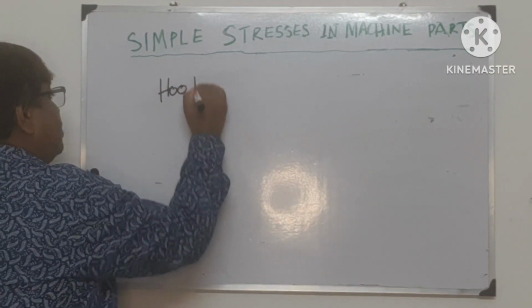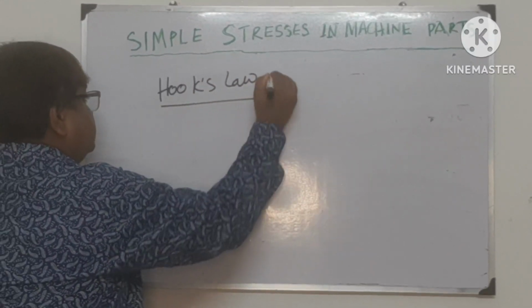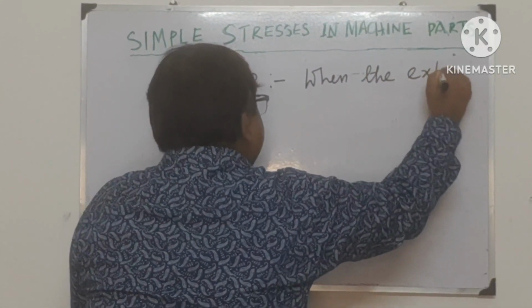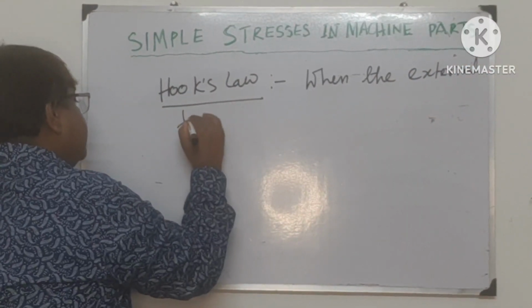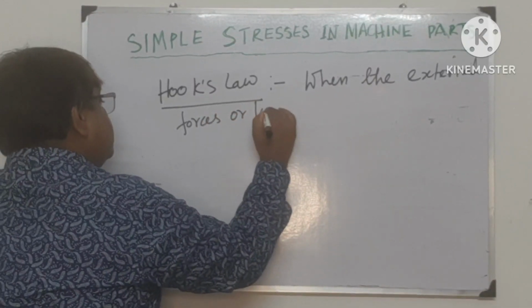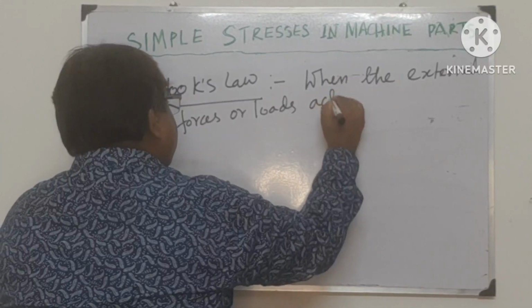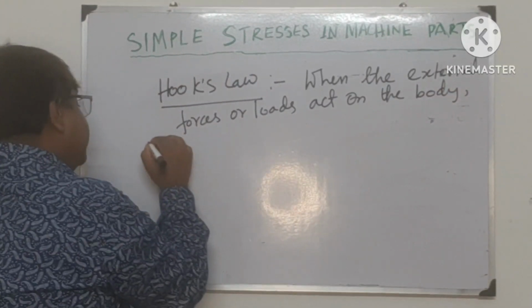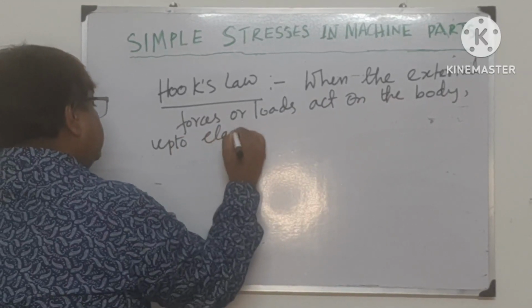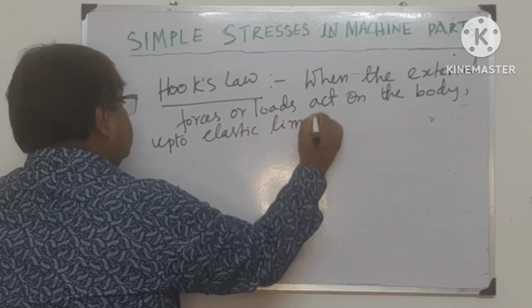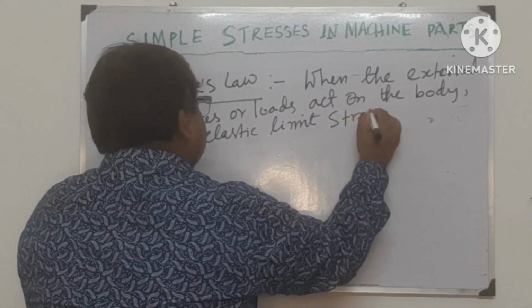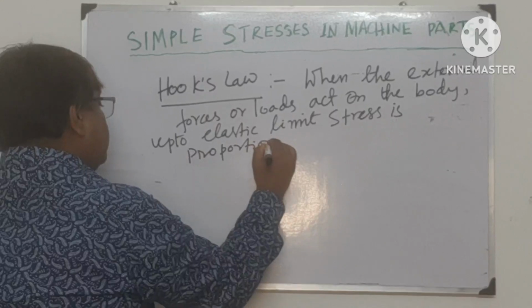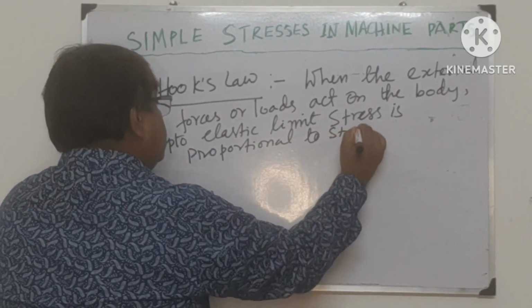Hooke's law: when the external forces or loads act on the body up to the elastic limit, stress is proportional to strain.